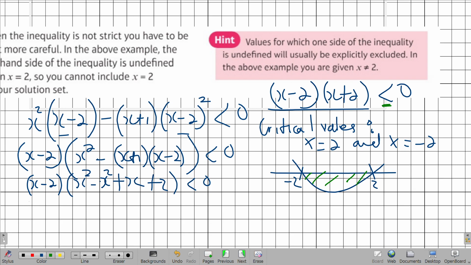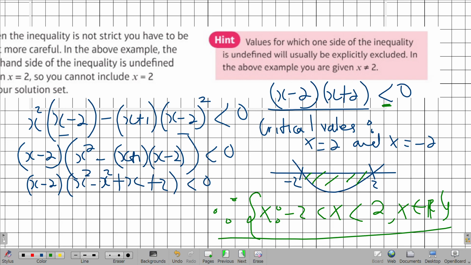So our answer should be given in set notation, which is x is such that minus 2 is less than x and x is less than 2, where x is an element of the real numbers. And x can never be equal to 2, so you can't put an equal sign here. So this is your answer.